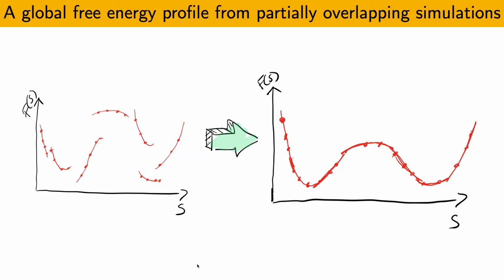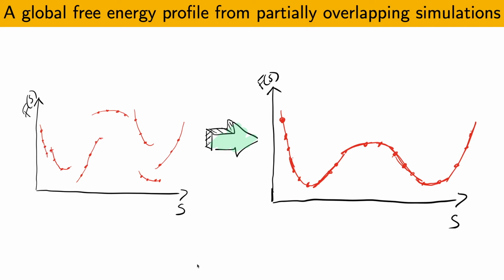We have now seen how umbrella sampling allows us to reconstruct global free energy profiles from independent bias simulations in which a perturbation in the form of a harmonic potential is introduced, and then how WHAM allows us to take the reconstructed free energy surfaces in each of the windows and patch them together to obtain a global free energy surface.